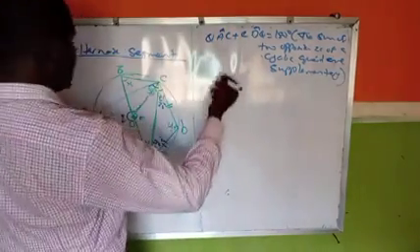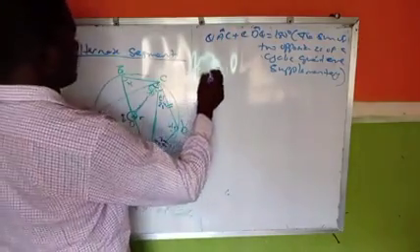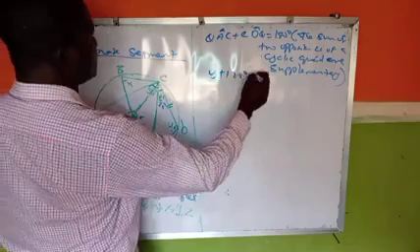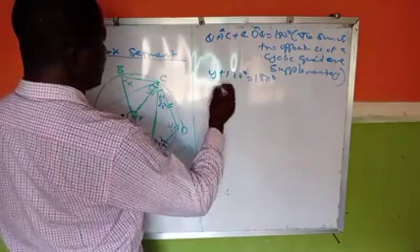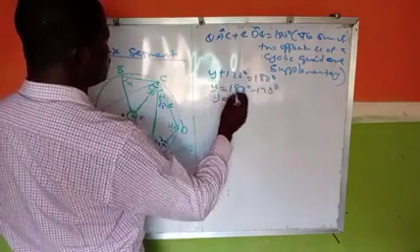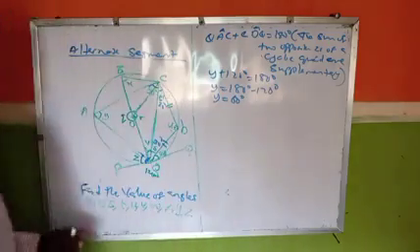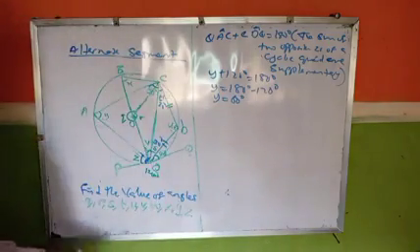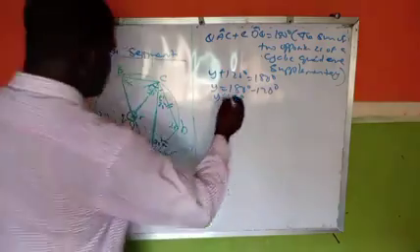So this angle plus angle CDQ equals 180 degrees. And this one is y plus 120 degrees equals 180 degrees. So y equals 180 degrees minus 120 degrees, y equals 60 degrees. So you are through with that.